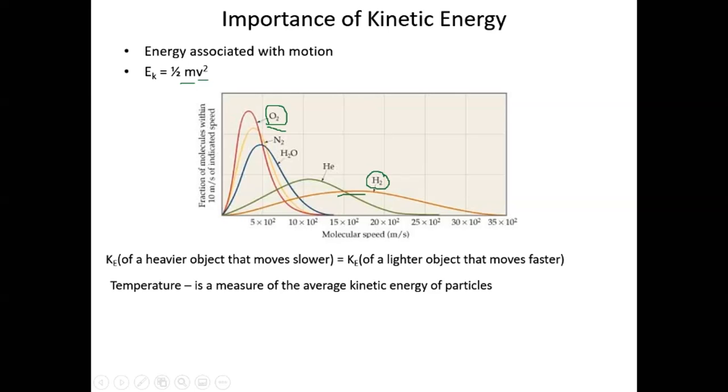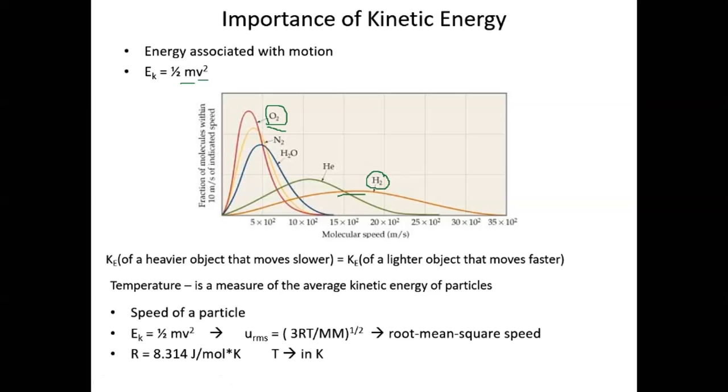The way we measure the average kinetic energy of particles is through temperature. So as you increase the temperature, you're going to increase the kinetic energy of that gas. We're not going to do any actual calculations involving the speed of a particle, but just to show you that the speed of a gas molecule is directly related to the temperature and inversely related to its molar mass.